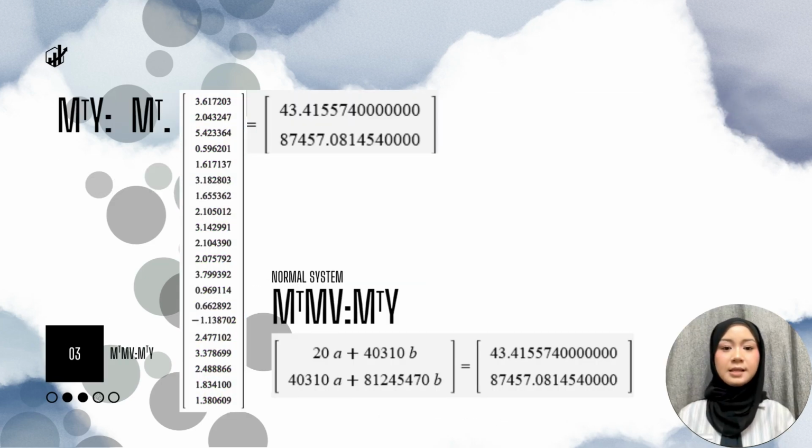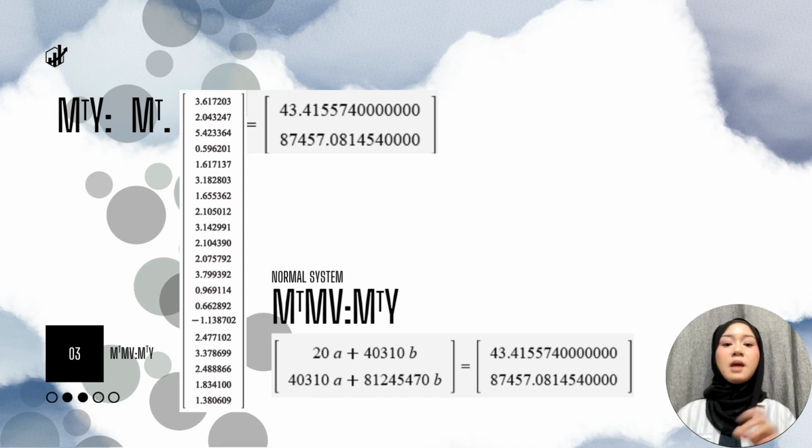Next in this slide, the vector MTY is calculated by multiplying the transpose matrix MT with the observed data vector Y. The resulting vector forms the right-hand side of the normal equation.